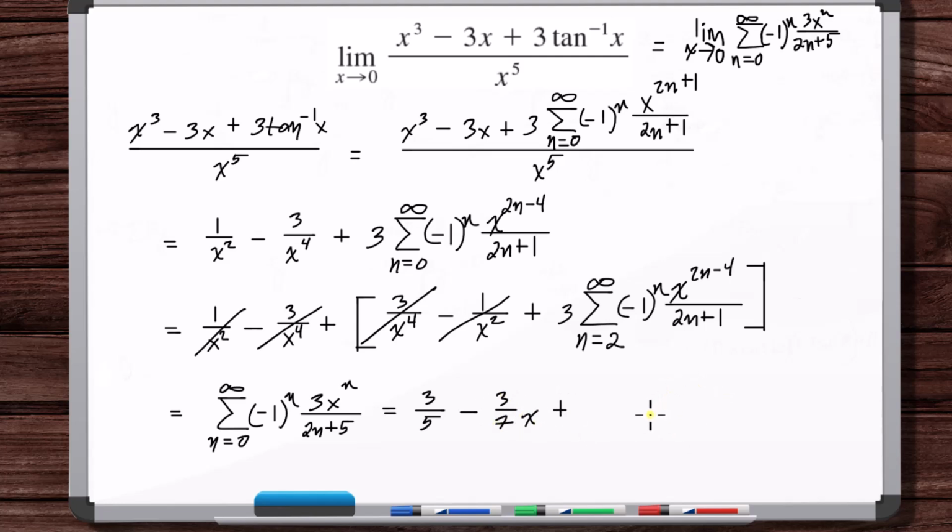When n is equal to 2, you've got 3 over 9x squared. When n is equal to 3, you've got 3 over 11x cubed. What is the limit as x approaches 0 of this? Well, all the x's go to 0. This ends up as 3/5.